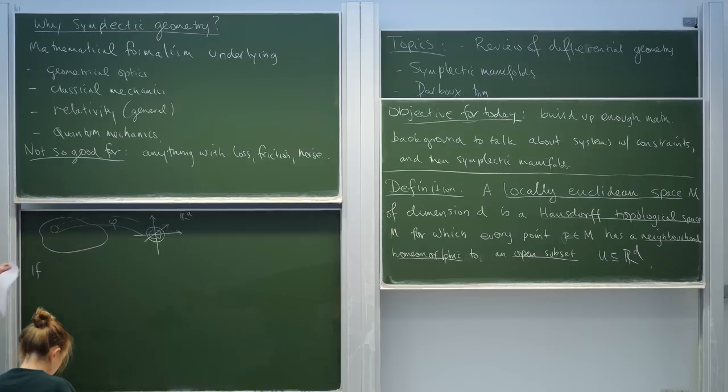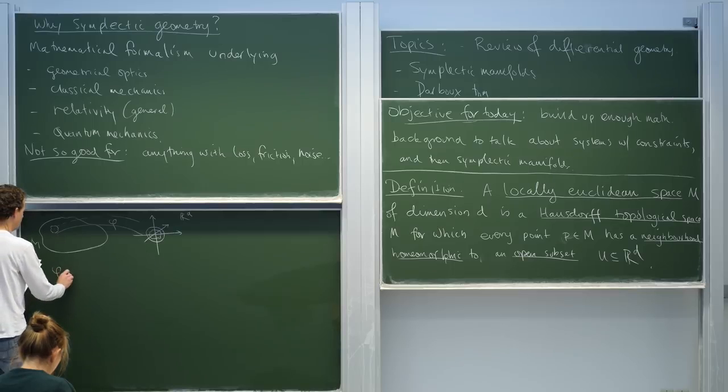So the map that connects our locally Euclidean space M, this most general object, to R to the D, we're going to give that the name phi for the moment.